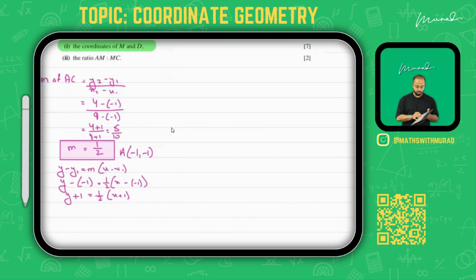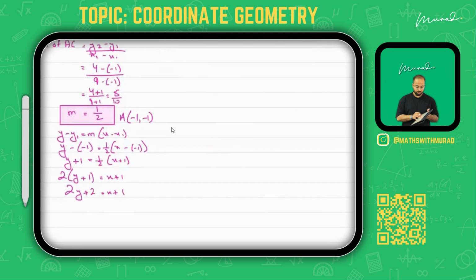I'll shift 2 to the other side. So when you shift 2 to the other side, 2 times (y plus 1) will be equal to x plus 1. 2y plus 2 is equal to x plus 1. Then after simplification, you can get your answer as 2y is equal to x plus 1 minus 2. That will become 2y is equal to x minus 1. So this is the equation of the first line. That's how you got the equation of the first line, right?